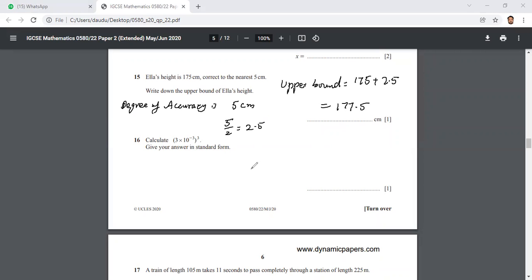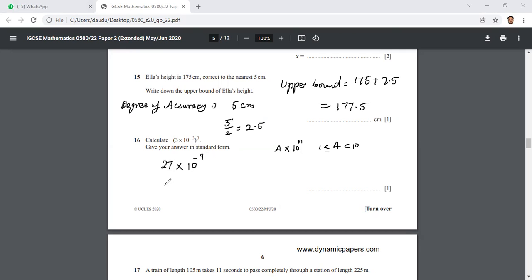Next is about standard form. For standard form, we have this formula: A multiplied by 10 power n, where the range of A must be 1 less than or equal to A less than 10, from 1 to 9. So let's apply it here, because we have a whole power cube. If you apply cube on both, 3 cubed gives you 27, and this will be 10 power minus 9.